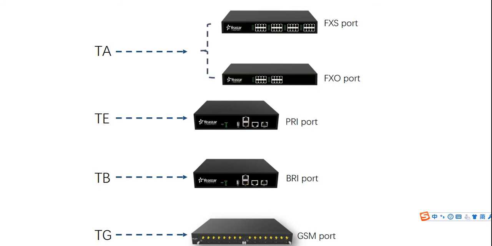You get an E1 line connected to this gateway and have that integrated to your PBX. And of course we have TB gateways, for BRI lines, and TG gateways, which are for SIM cards, so you can integrate mobile trunks to your PBXs.